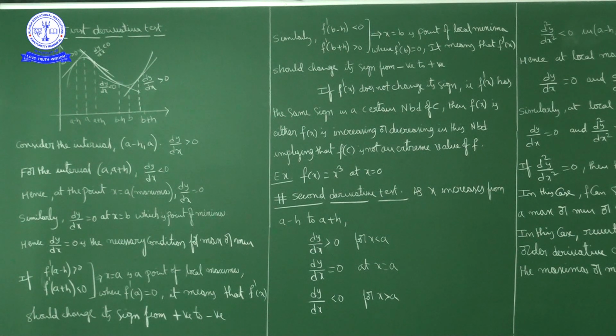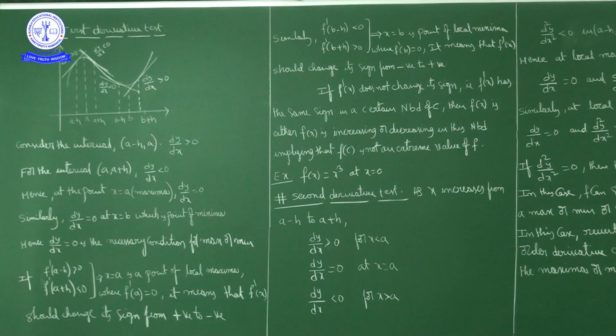So what we can conclude is: if f dash of a minus h is positive and f dash of a plus h is negative, and f dash of a equals 0, f has a local maximum at x equal to a. When the sign changes from positive to negative in the neighborhood of a, x equal to a is called the point of local maxima.